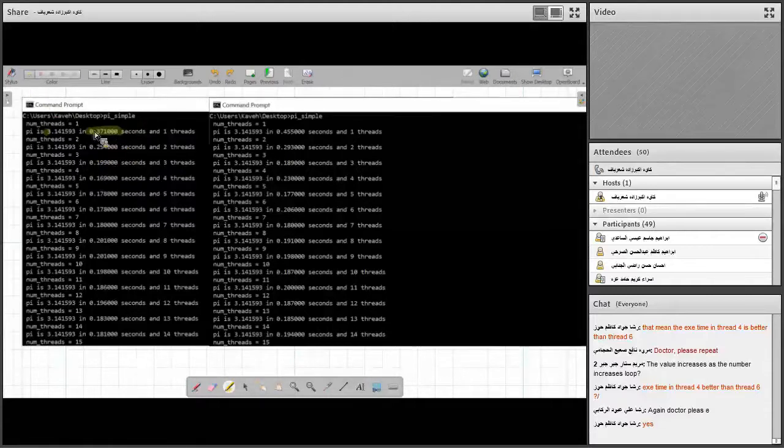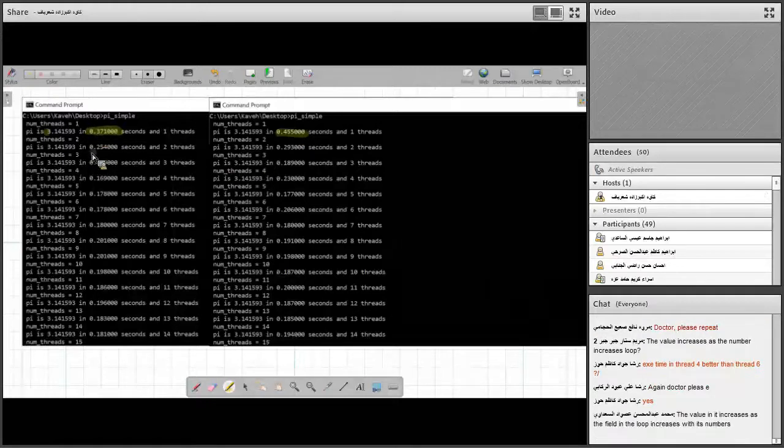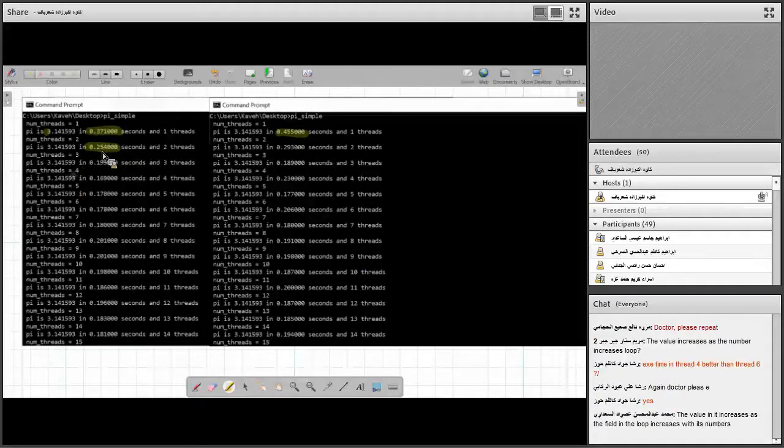In the first execution with 2 threads, the execution time was this number. With the second execution, we have a greater number with 2 threads. In the first execution with 3 threads we had this number, and in the second execution this number.